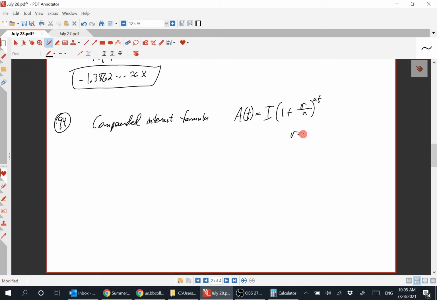I is the initial amount, t equals years, r equals interest rate as a decimal, not percentage.